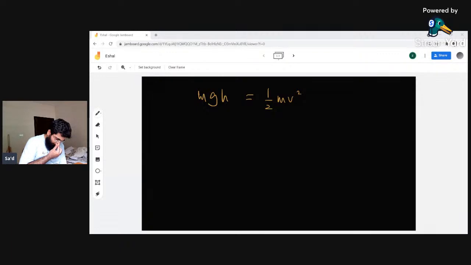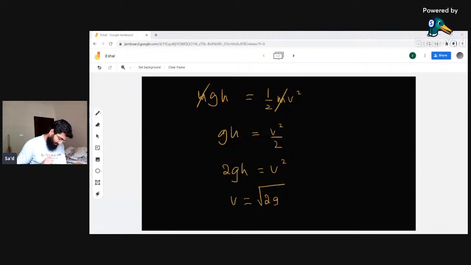Equating these two, we can find out a number of things. If we cancel things out, m cancels m. So gh is equal to v squared by 2, 2gh is equal to v squared, and v is equal to root 2gh.